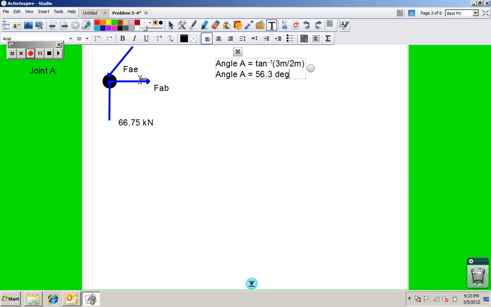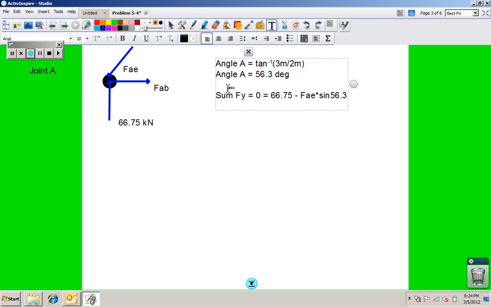Alright, so now we can do sum of forces y, because I know this y force, and I don't know this, but that'll be one equation, one unknown. So the sum of the forces in the y direction is equal to 0, is equal to 66.75 minus FAE times the sine of 56.3 degrees.